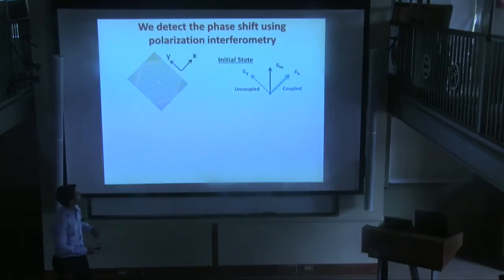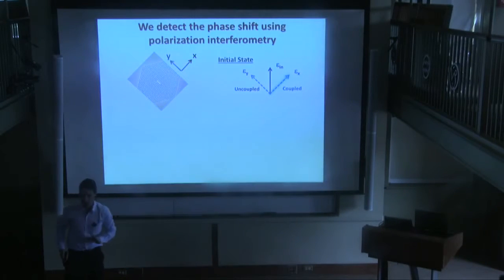But fortunately, we can directly access that phase using polarization interferometry. And there's a convenient way to do it in photonic crystals, and we do it by utilizing the fact that the cavity has a well-defined polarization direction. Specifically, the cavity mode is polarized in the direction that is orthogonal to the row defect. This is the x direction.